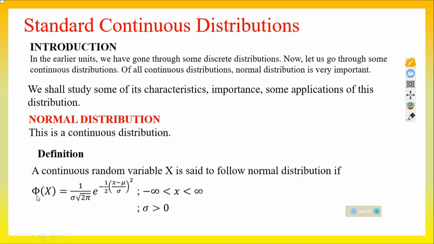So you have phi of x, which is equal to 1 over sigma, which represents the standard deviation, multiplied by the square root of 2 pi, then e to the power of negative half times (x minus mu over standard deviation) squared. And x takes all the values from negative infinity to infinity, for which sigma is greater than 0. So if you have a random variable that has a PDF given by this, then we shall say it is following a normal distribution.